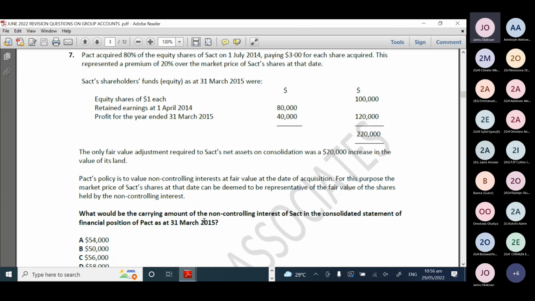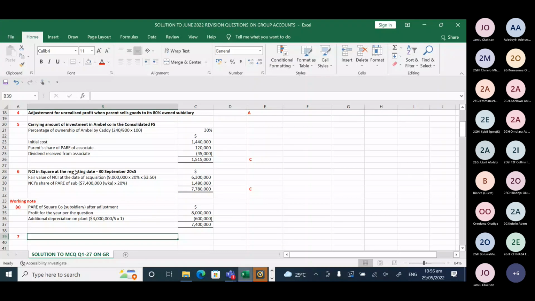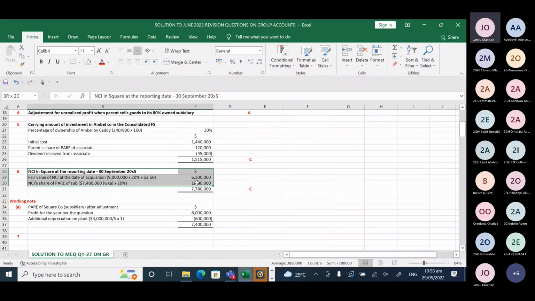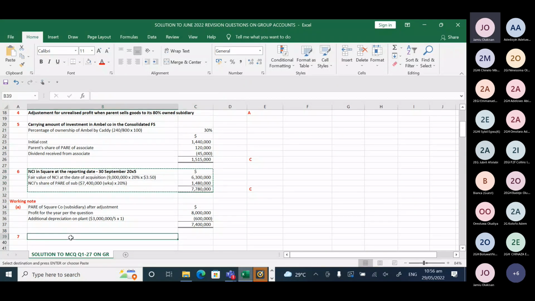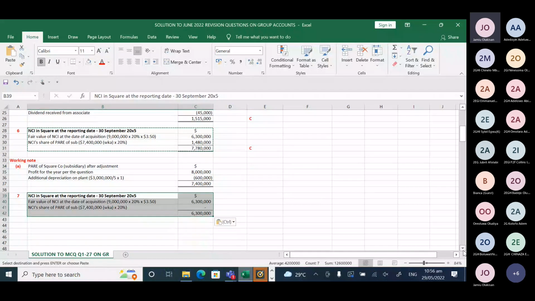Okay. So if the requirements are the same, it means I can borrow the format of what I did here. What would be different is the figures. I can borrow the format, which I've just gladly borrowed.